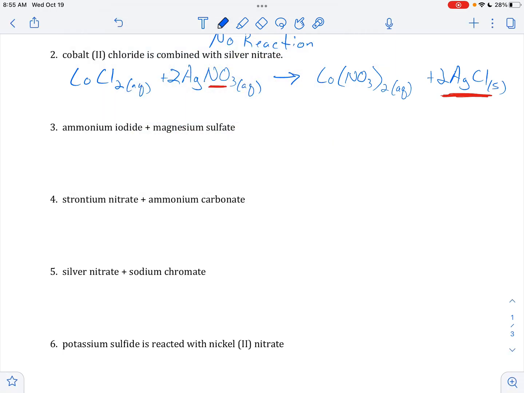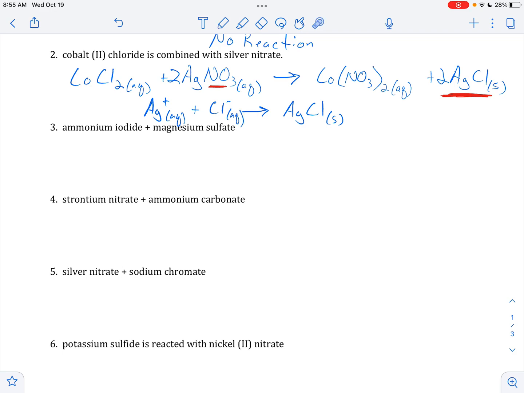So I will very often actually start with my product, AgCl solid. And what I want are the individual ions that react together to form that solid precipitate. So it's going to be silver ions and chloride ions.